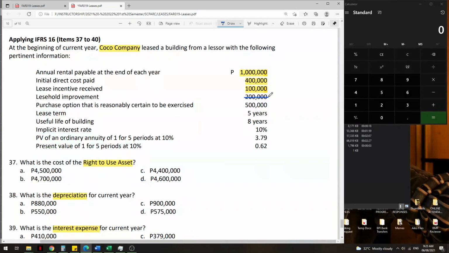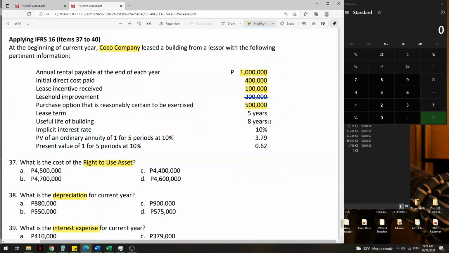Let's remove that. In this problem, we also have a purchase option, and that purchase option is going to be included in the computation of our lease liability. So it is also included in right of use asset. Take note, ROA is IRL, initial direct cost, restoration cost, and lease liability. Then we have the lease term.